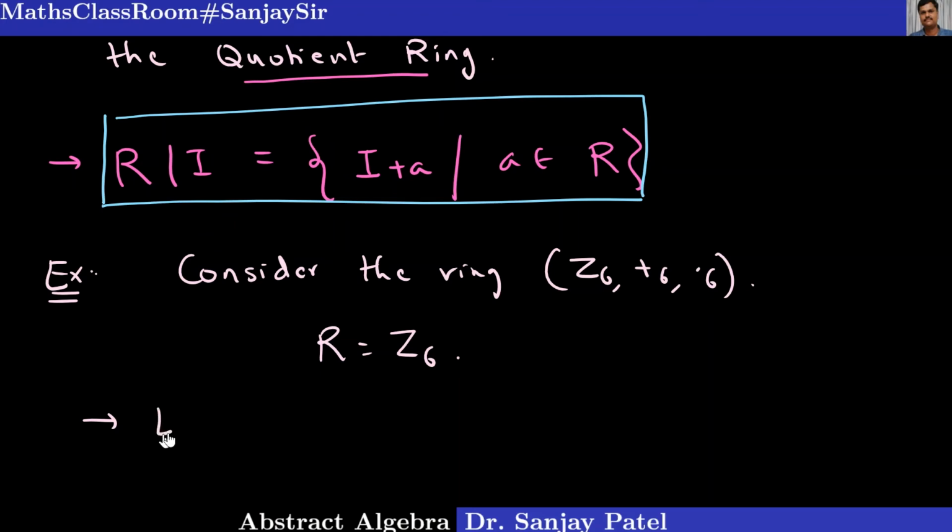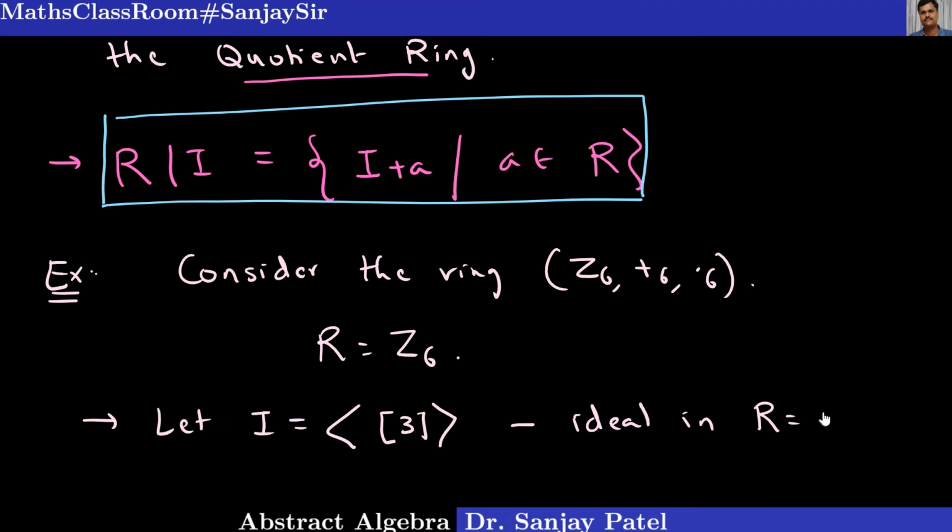Let me take I is equal to the ideal generated by some element 3. So what will be this set? We know it is an ideal in the ring R, but what are the elements of this set?